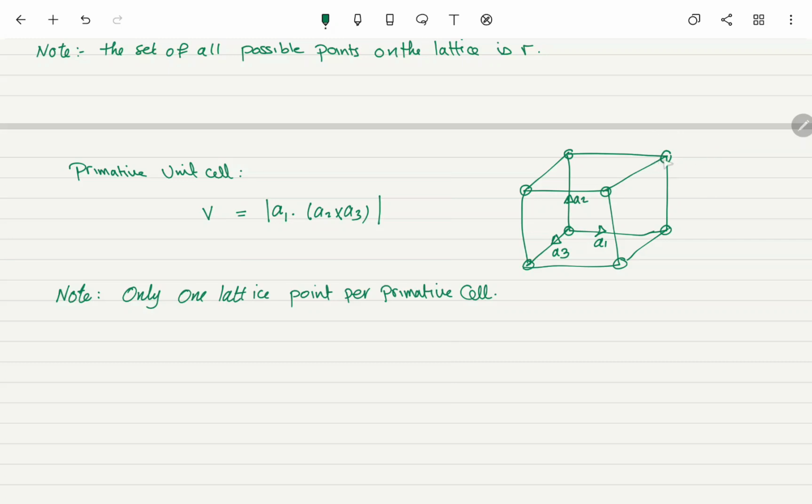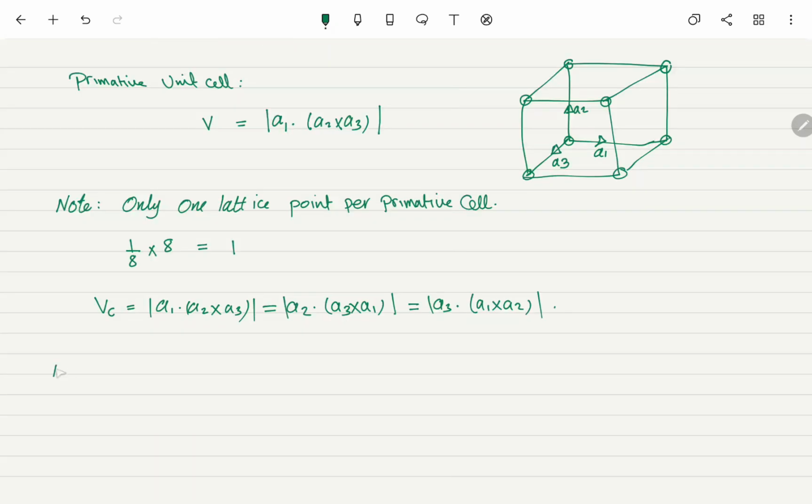So each is sharing 1/8, and we have 8 atoms at the corners, so this is equal to 1. So this is actually a primitive cell, and the volume for this cubic system is equal to A1 dot A2 cross A3, or equal to A2 dot A3 cross A1, or equal to A3 dot A1 cross A2.